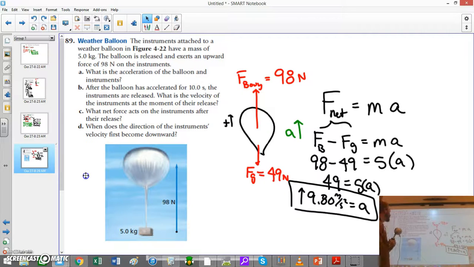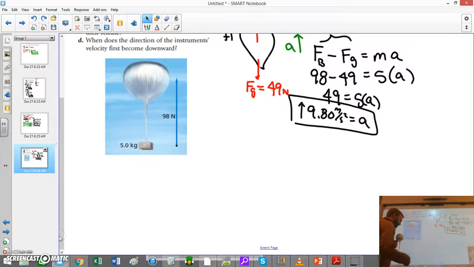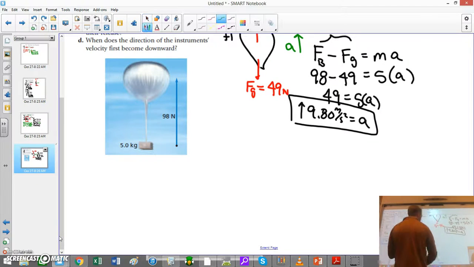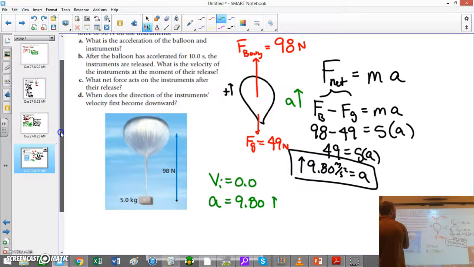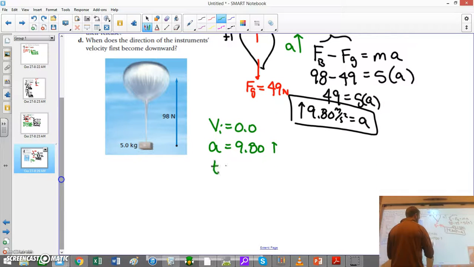Part B says, after the balloon has accelerated for 10 seconds, the instruments are released. What is the velocity of the instruments at their release? Okay, so the initial velocity, they're starting from rest. Their acceleration is 9.80 in this direction, and you're releasing them for 10 seconds.